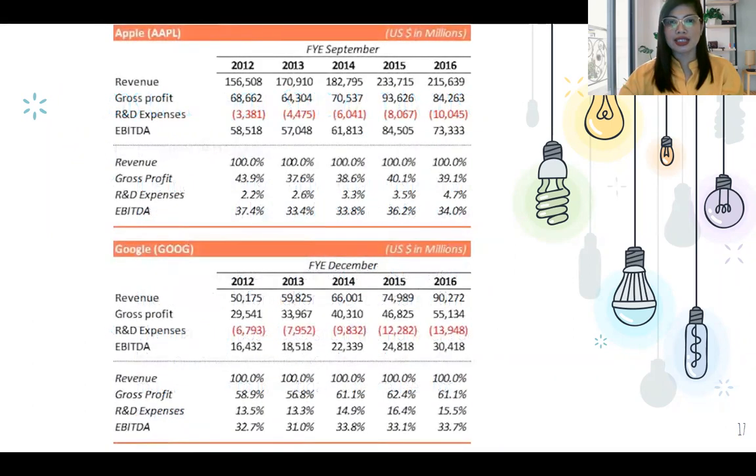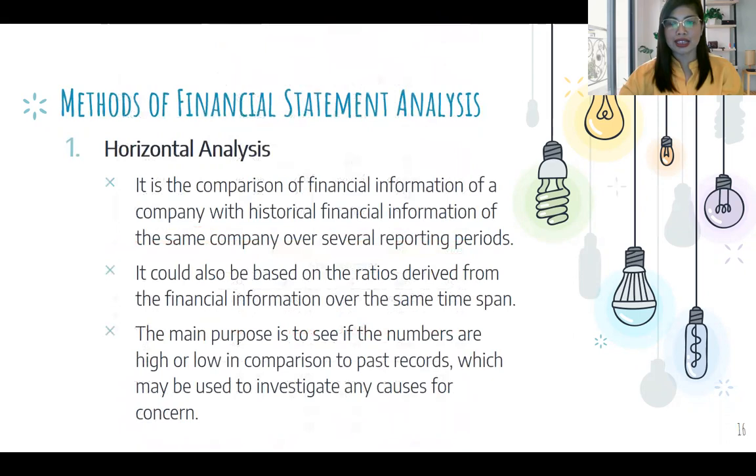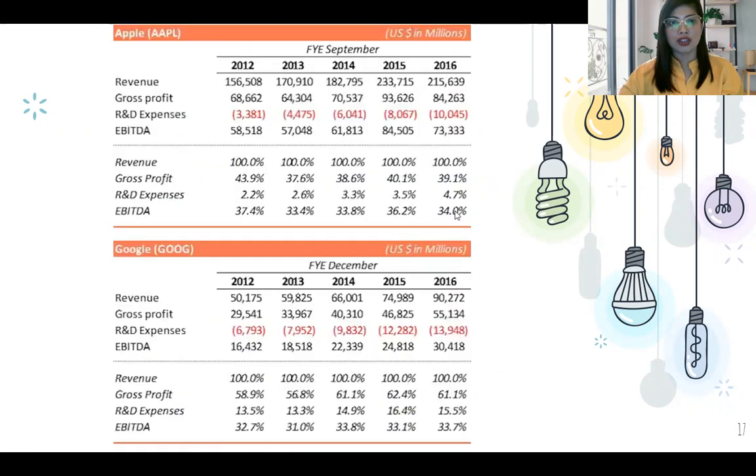Okay, so this is an example of horizontal analysis of financial statement. As you can see, the financial performance is plotted across different years, in order to see the progress or the performance of the company. For example, in 2012, the revenue of Apple is 156,508, and then it increases to 170,910 in 2013, and then in 2014 it increases, in 2015 it increases, and then in 2016 it decreases again.